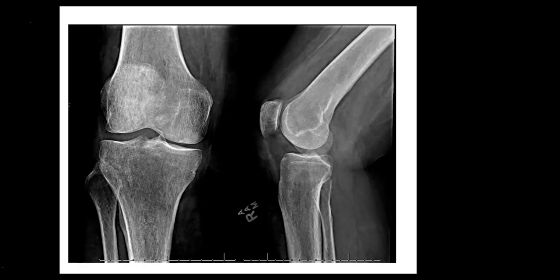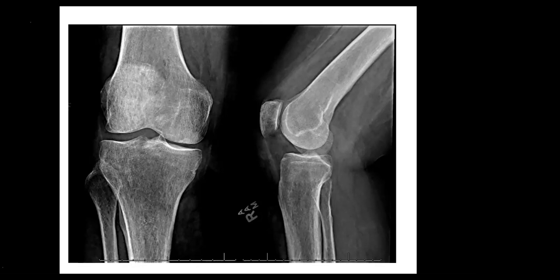The bone looks normal, and there is no soft tissue swelling, no joint effusion. Is it normal, the bone? I think it has decreased bone density. What about the trabecular pattern?